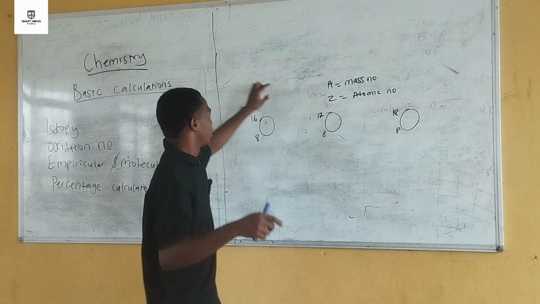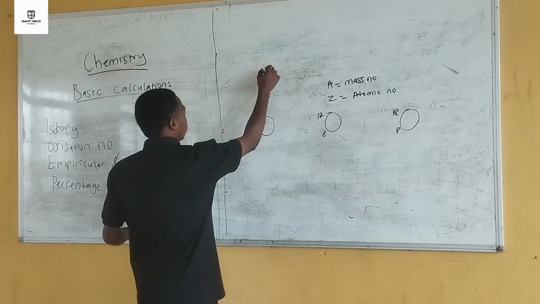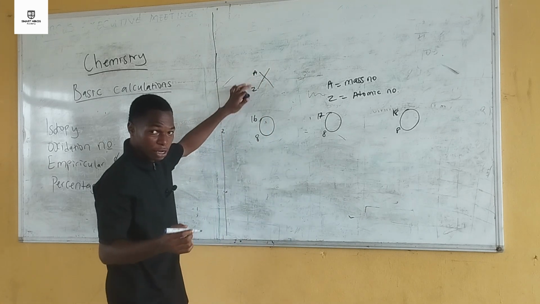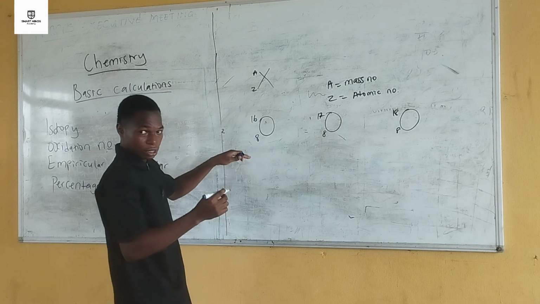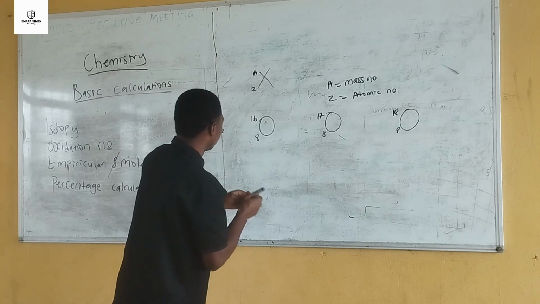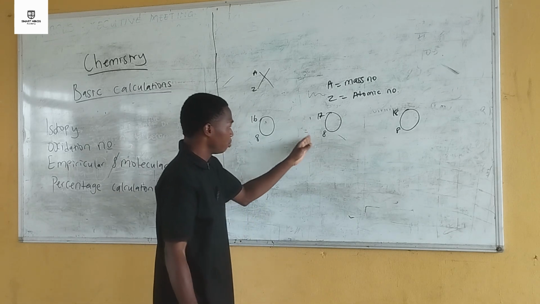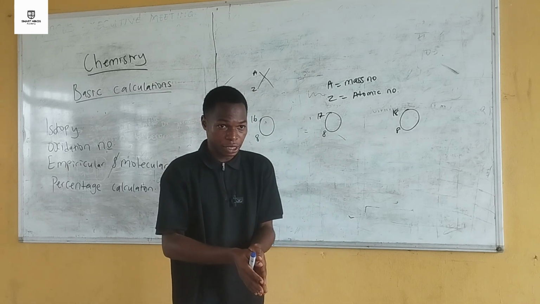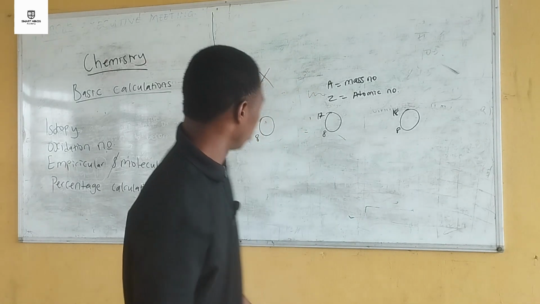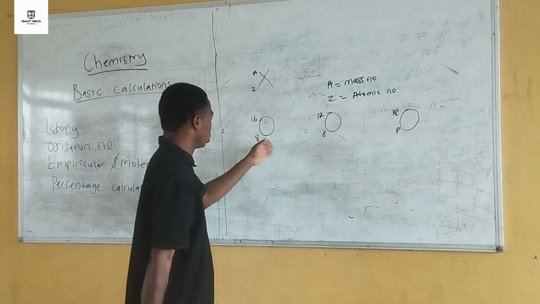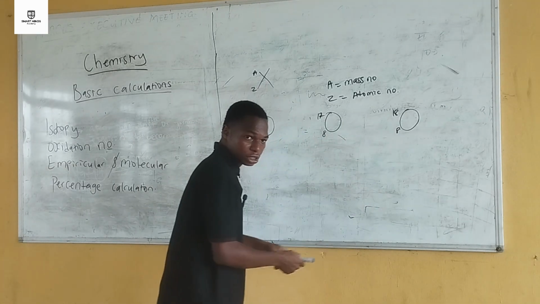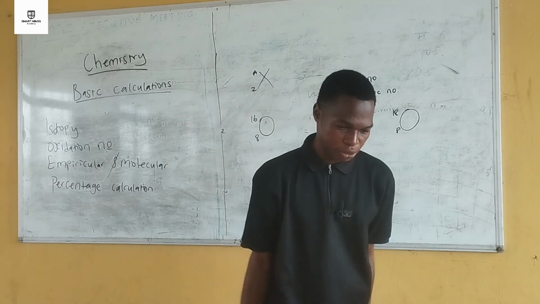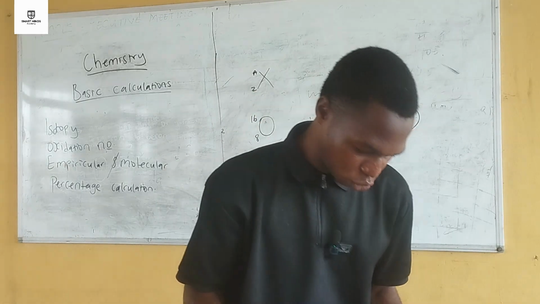That's why I wrote A and Z: the one up is the mass number, and the one down is the atomic number. Same atomic number 8, different mass number. That is isotopy, the phenomenon. These are isotopes of oxygen.